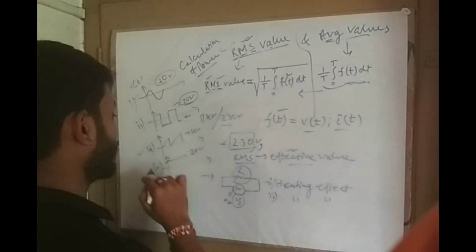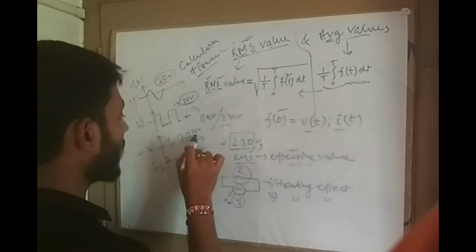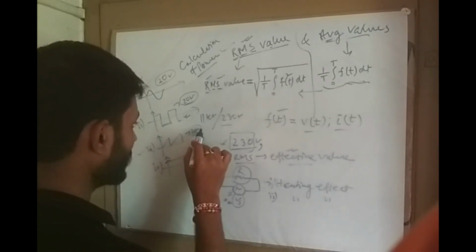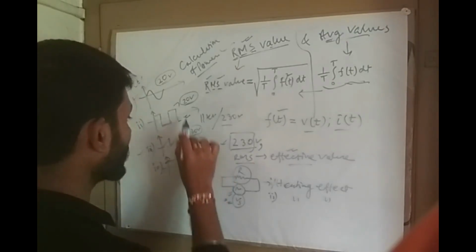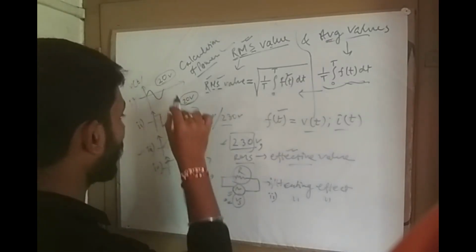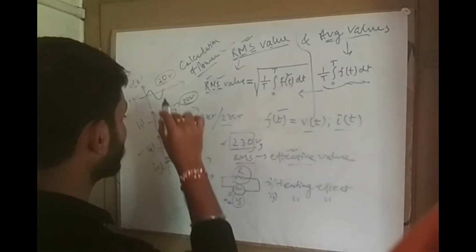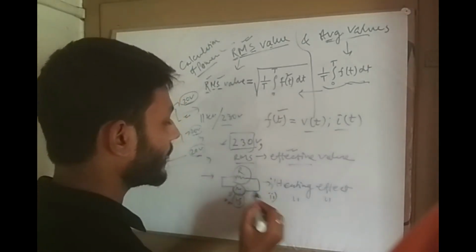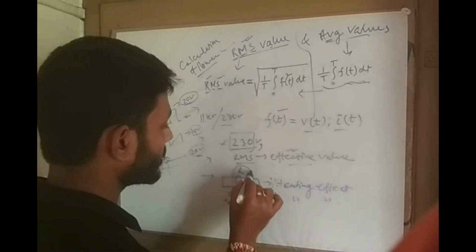In the third and fourth cases, as the RMS value is the same for all the waveforms, all these waveforms will produce the same heating effect through this resistor.